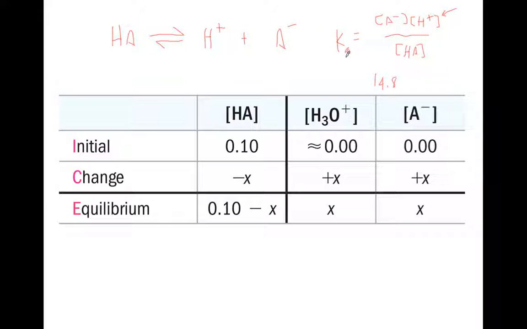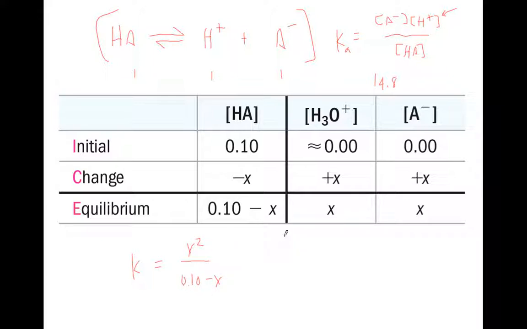Okay, so let's look at one. Suppose we've got this acid, HA, which will be a general acid for now, and it breaks up into this. This is my reaction. It's a 1 to 1 to 1 ratio, so every mole that leaves of HA is going to become an H+ and an A−. So we set up our equilibrium the same way we did before. This becomes x squared over 0.10 minus x.